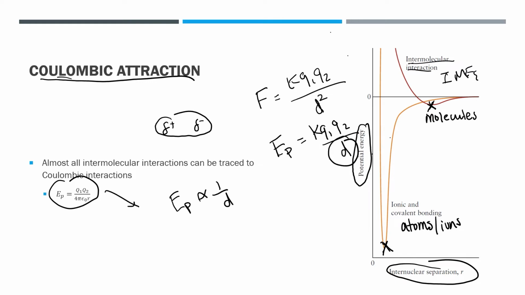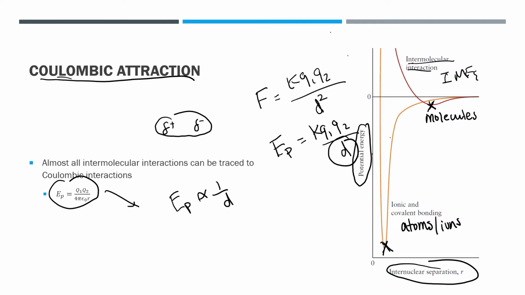These atoms and ions can get much closer than molecules, because molecules are much bigger than atoms and ions. That's why the minimum potential energy is at a lower distance for atoms and ions bonding than for these weak intermolecular interactions.